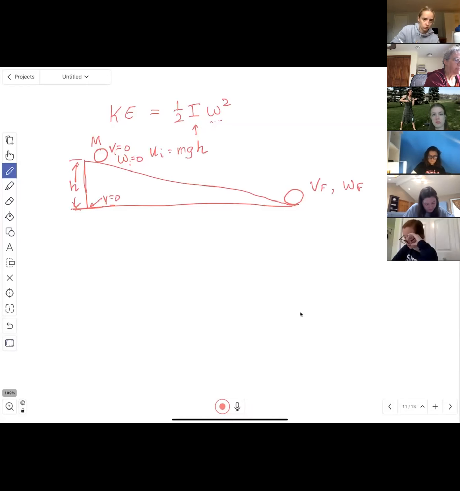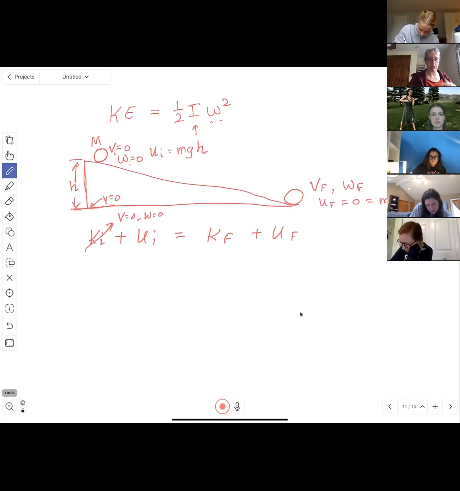So down here, U final equals 0 because it's mgy and y equals 0. If we set up that energy equation, K initial plus U initial equals K final plus U final. Initially, because it's not moving, V equals 0 and omega equals 0, so both rotational and translational kinetic energy are 0.